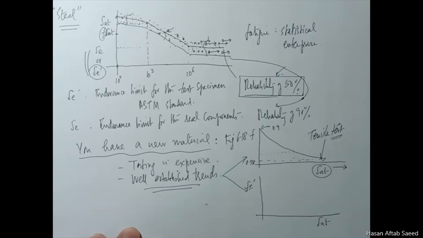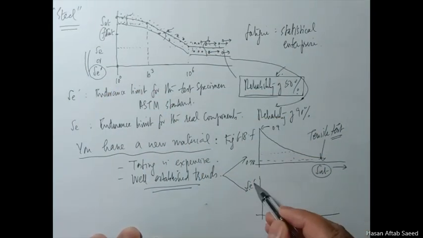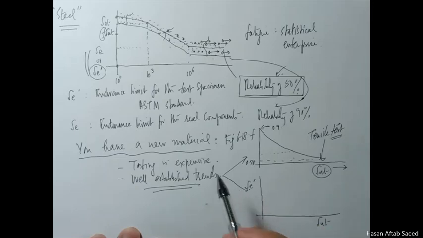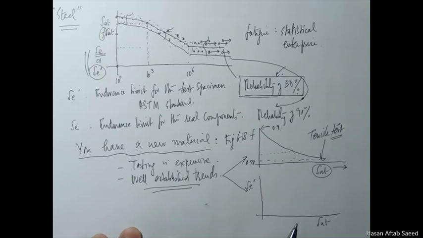In the real world, you may have different kinds of loadings, maybe the surface is not polished, and there are so many other things. So we are still in the domain of experiments, and again I'm putting a prime here. What we will do when we come to this is something we'll see later on.